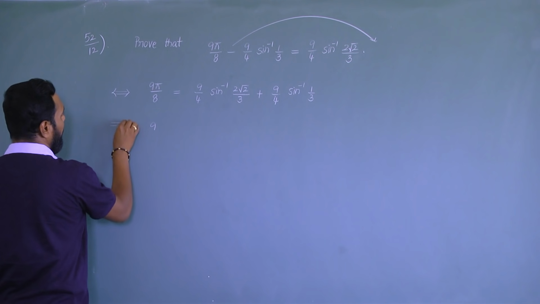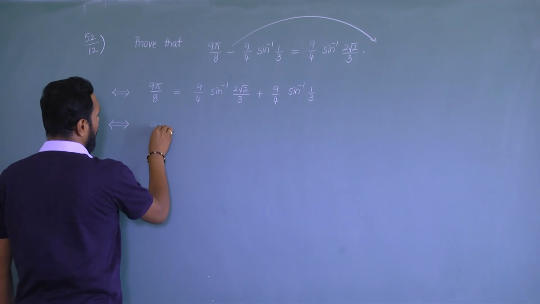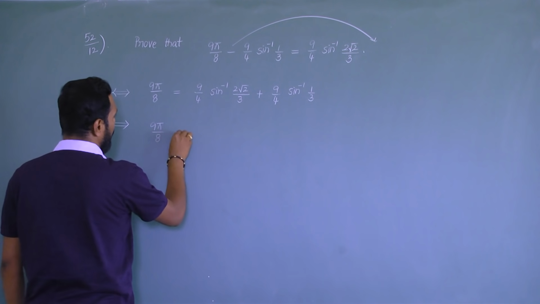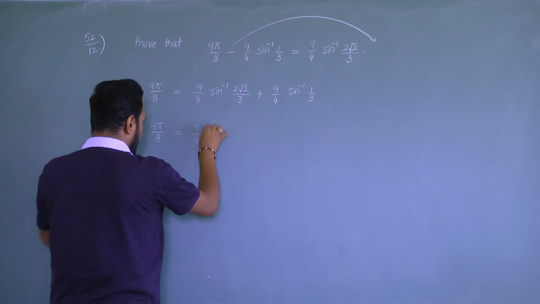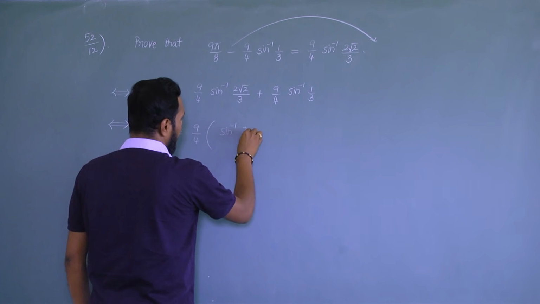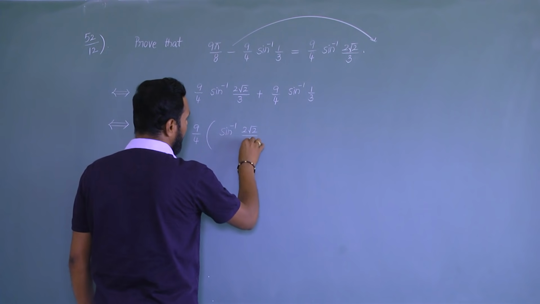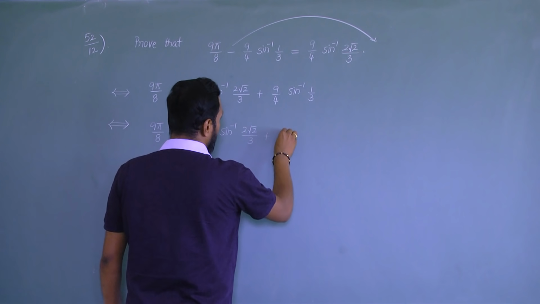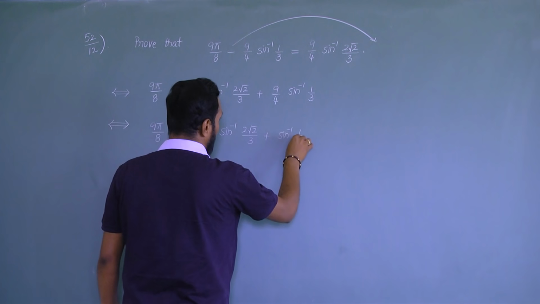Implies and implied by 9 pi by 8 equals 9 by 4, if you take common, sin inverse 2 root 2 by 3 plus sin inverse 1 by 3.